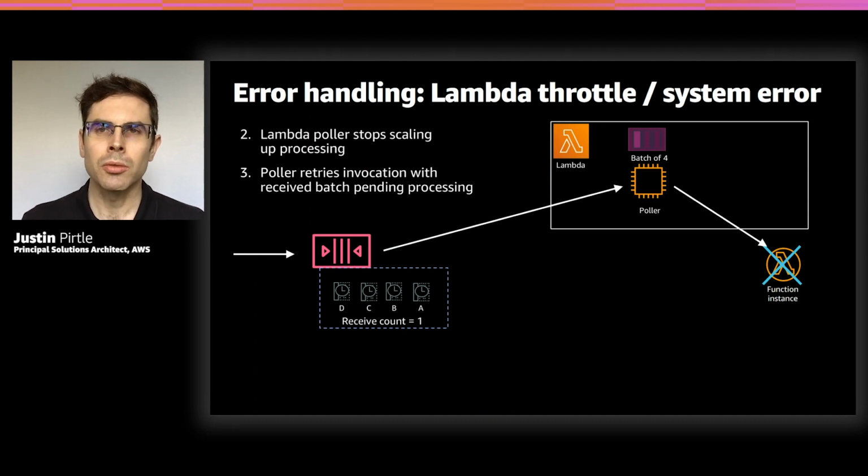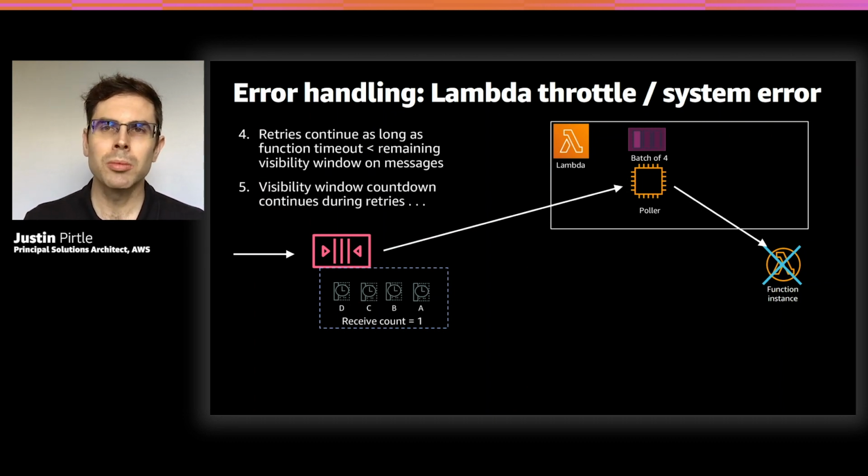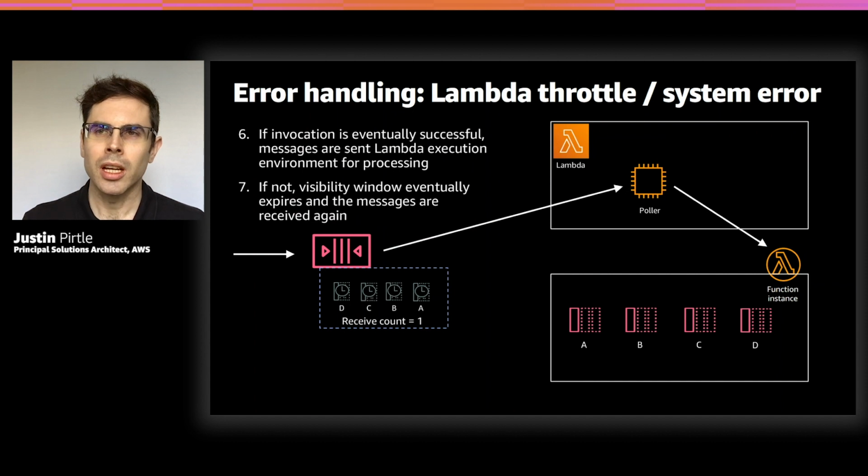until the remaining visibility window on the messages is no longer greater than the function timeout set on the function. Only at that point does it stop retrying. And at that point, we would basically give up and wait for the visibility timeouts.